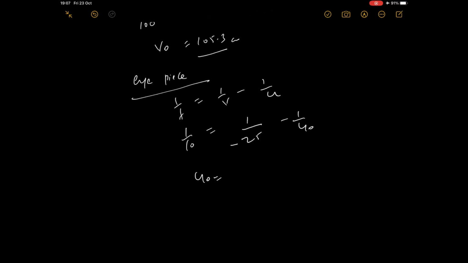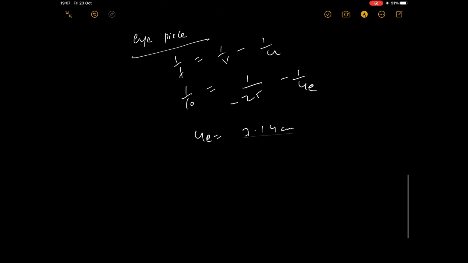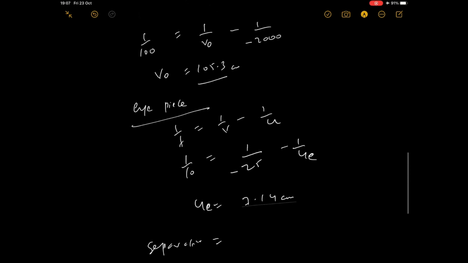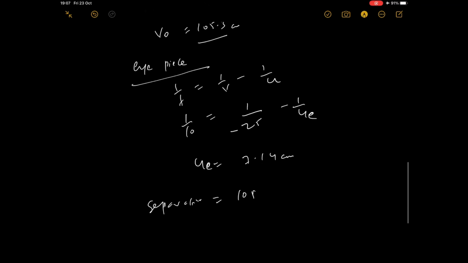So this is for the eyepiece, so it is UE, not UO. So the separation is 105.3 plus 7.14, that's about 112.4 centimeters.